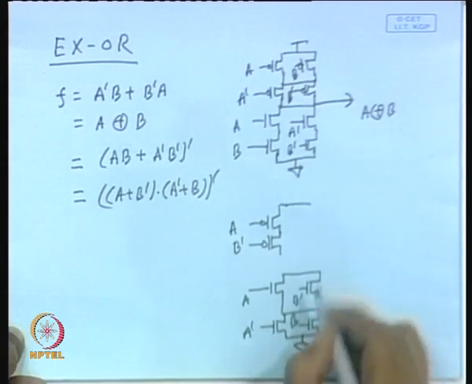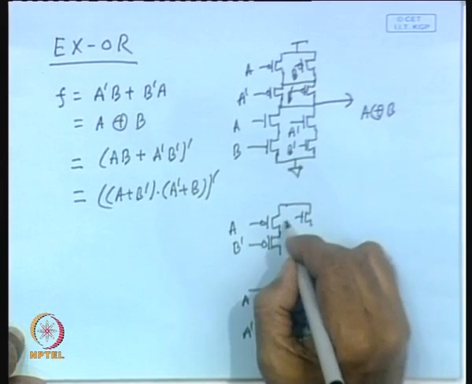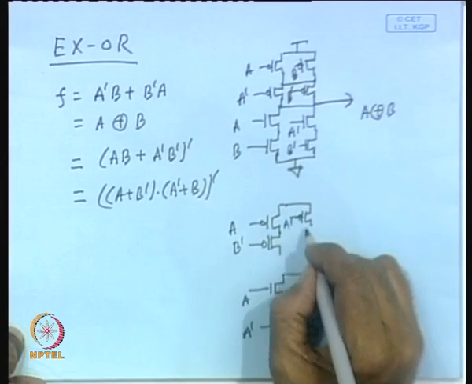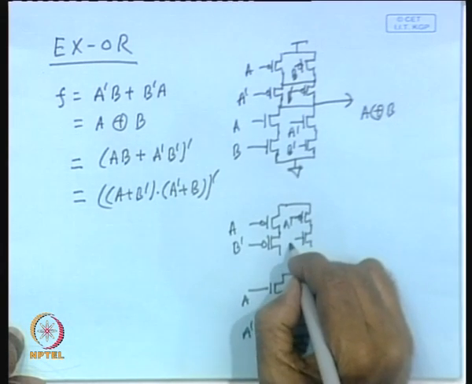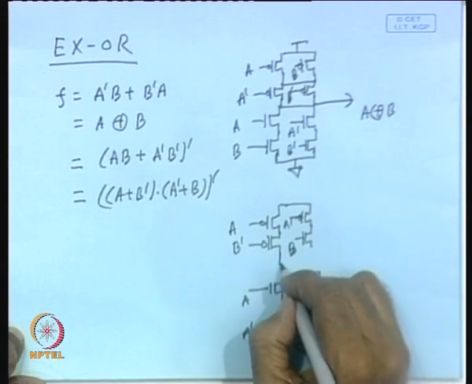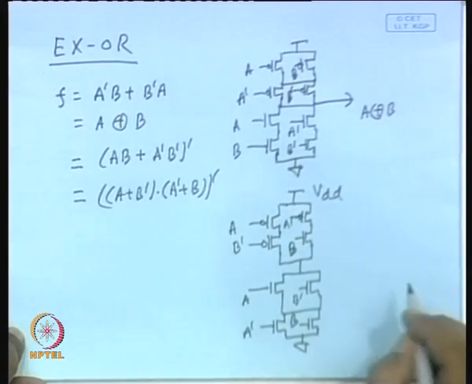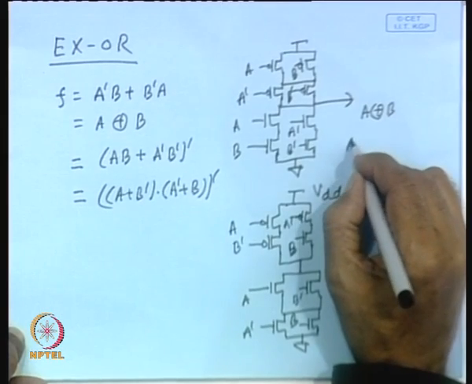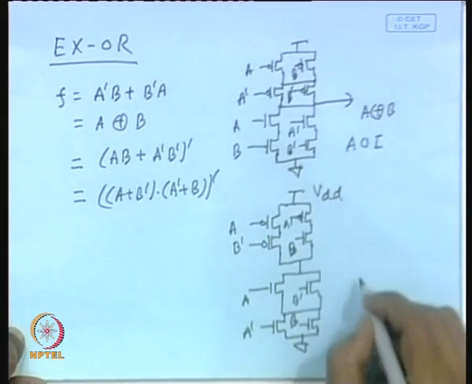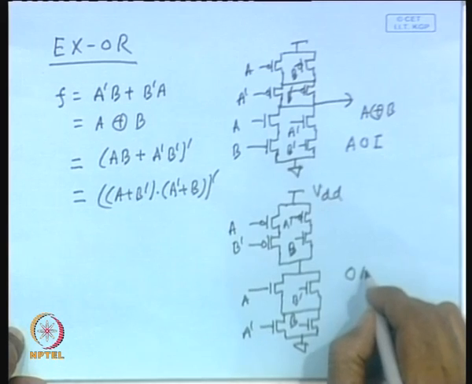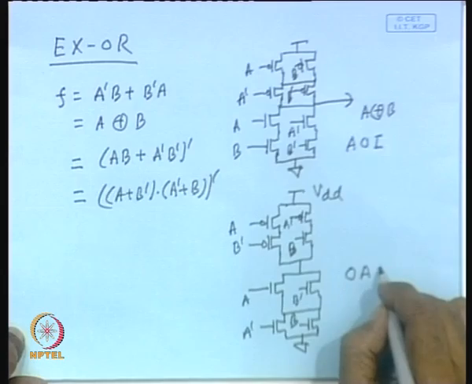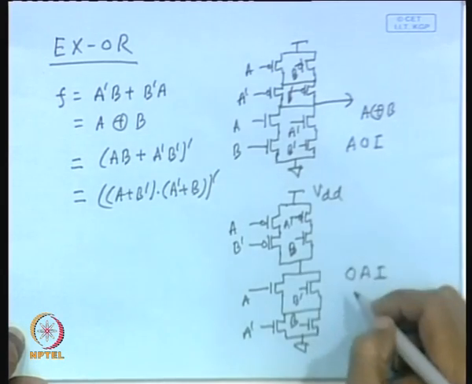Similarly, A bar B will be in series, and VDD is connected here, ground is connected here. So, this is AND-OR-invert realization, and this is OR-AND-invert realization. So, you can see both are possible. XOR function has been realized using both the topologies.